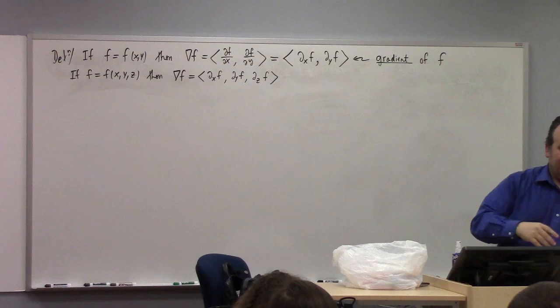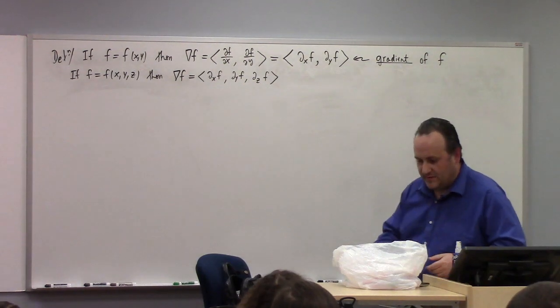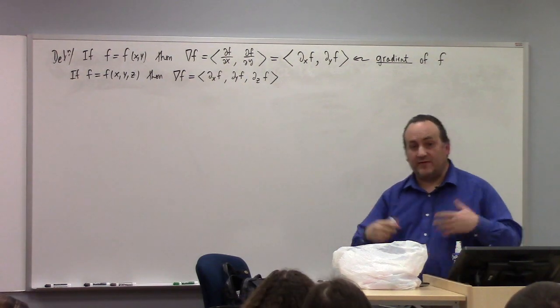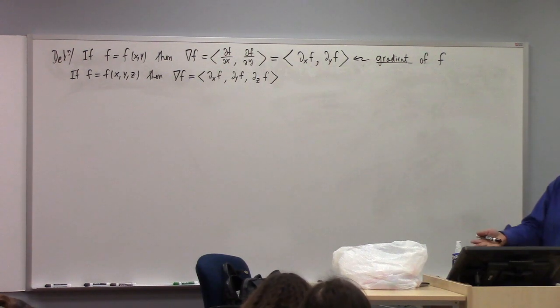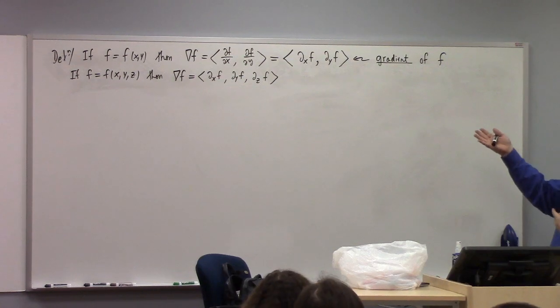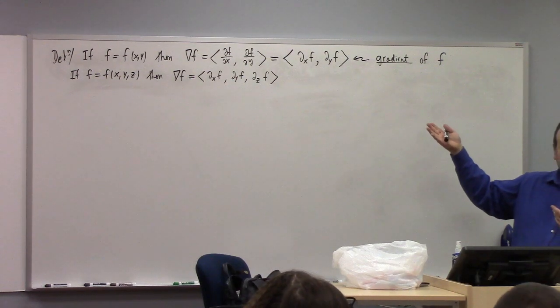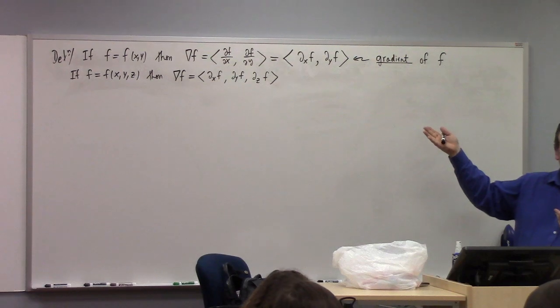I really didn't answer what the gradient is, and I won't fully answer that question here because that's a question for Calculus 3. But nevertheless, whether or not we fully understand it, we can calculate it. I can tell you what it means. What it does is it tells you the direction in which the function is increasing at the point.